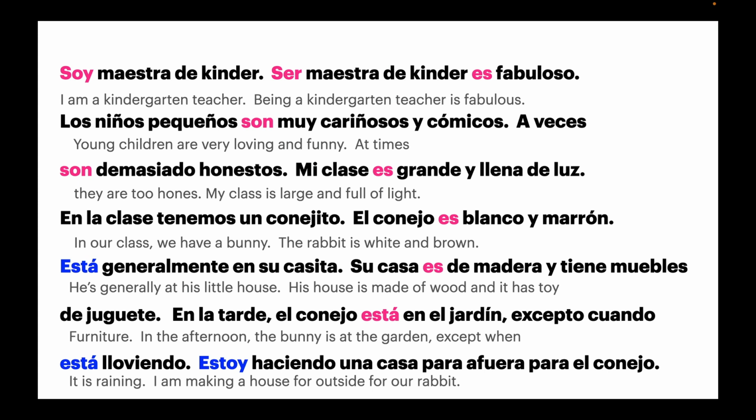El conejo es blanco y marrón. Está generalmente en su casita. Su casa es de madera y tiene muebles de juguete. En la tarde, el conejo está en el jardín, excepto cuando está lloviendo. Estoy haciendo una casa para afuera, para el conejo.